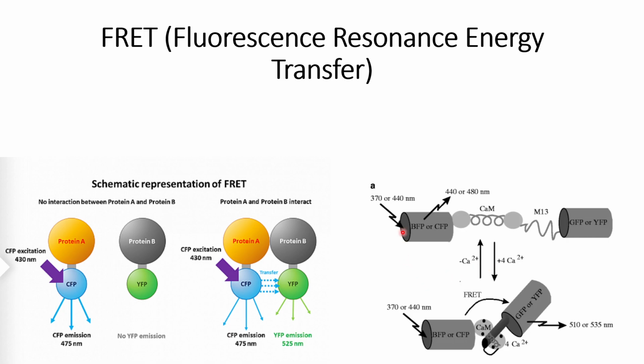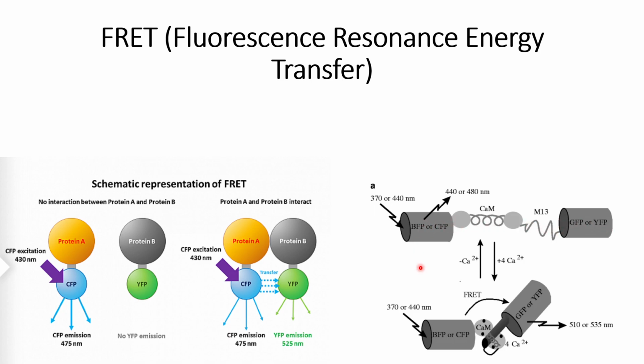We will understand how FRET helps in identifying the Ca2+ levels within the cells. So this is the reporter that they have used. They have used CAM and M13, which helps in connecting two fluorescent reporters.